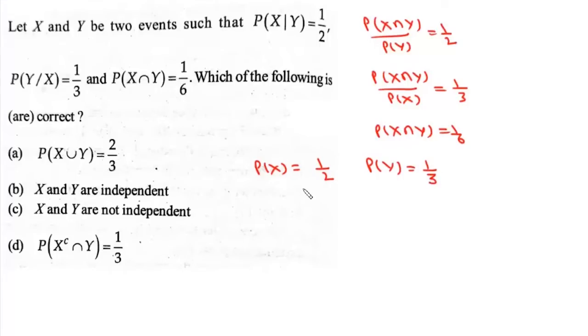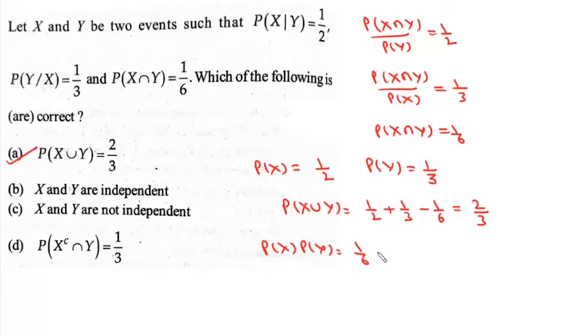Now once we have P(x), P(y) and P(x intersection y), we can calculate P(x union y). Now it will be 1 by 2 plus 1 by 3 minus 1 by 6. So there will be 4 by 6, which is 2 by 3. That means this statement A is correct. Now P(x) into P(y) is 1 by 6, which is same as P(x intersection y).